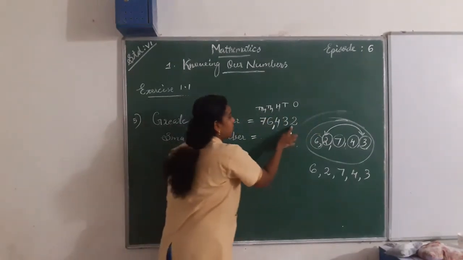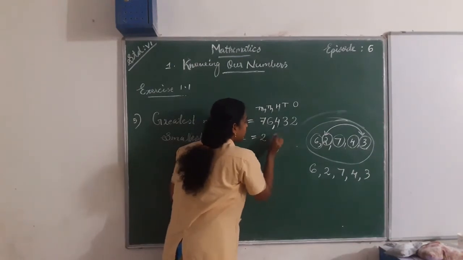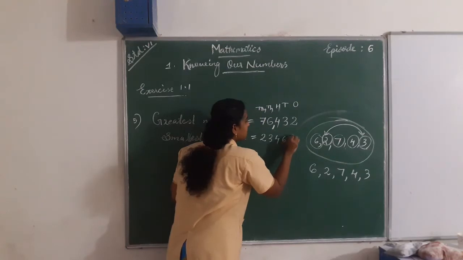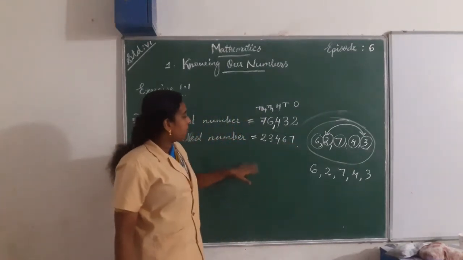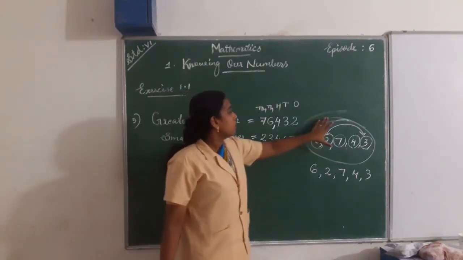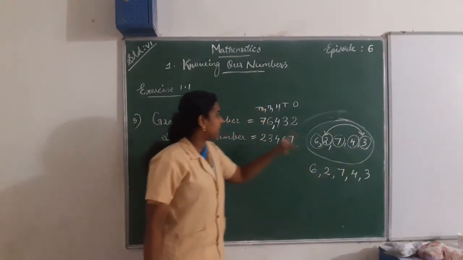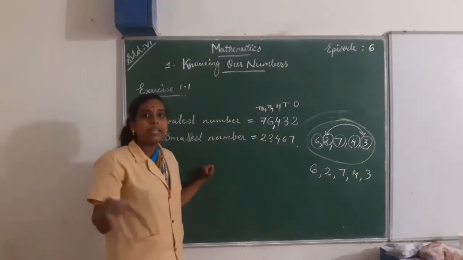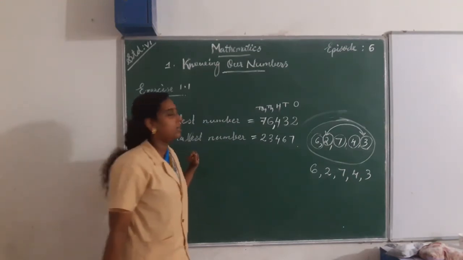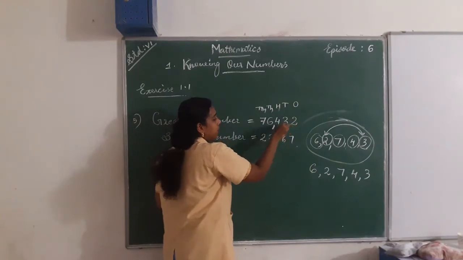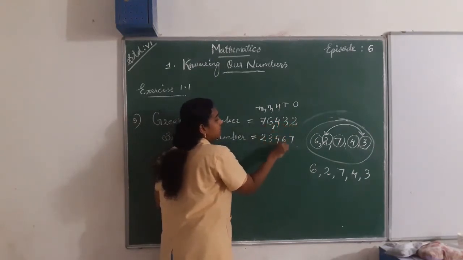That is, first we write 2, 3, 4, 6, 7. So for finding the smallest number using these same digits, we write the greatest number in reversing order, and we get the smallest number.